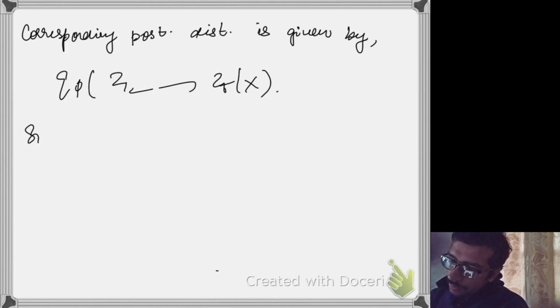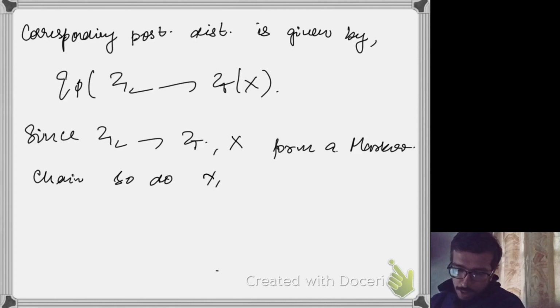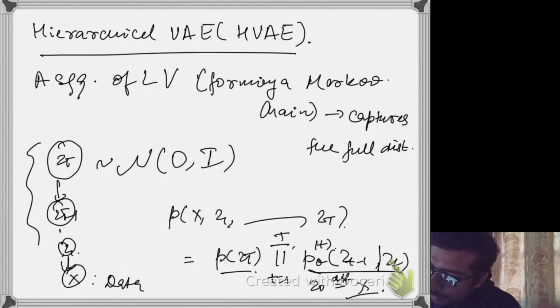Now since z_1 up to z_T and x form a Markov chain, the chain ordering was that you start from z_T, then z_{T-1}, and go all the way down to x.